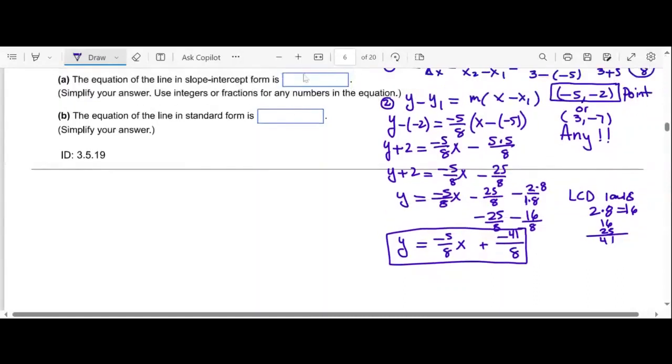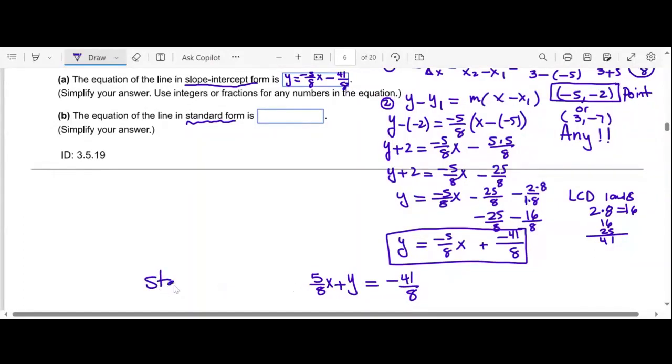Now we put this value here, which is called slope-intercept form: y equals negative 5 over 8x minus 41 over 8. Now, to write it in standard form, we have to move the x to the other side. So it's going to be positive 5 over 8x plus y equals negative 41 over 8.